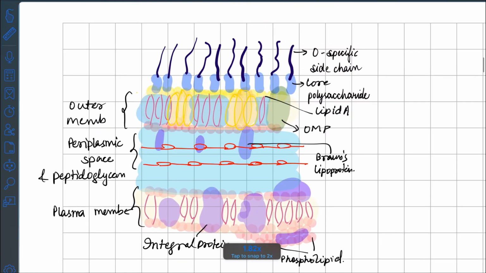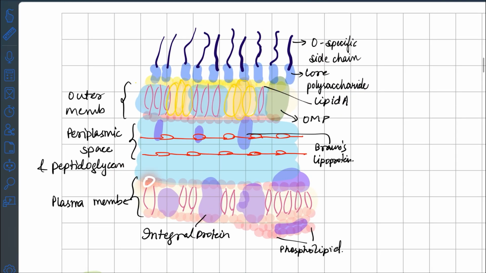Now let's look into the structure. Again, here is the plasma membrane with the phospholipid bilayer. Then these are integral proteins, which can be extrinsic or intrinsic, if you remember. Then above it is the periplasmic space and the peptidoglycan layer. As you can see, it is thinner than in gram-positive bacteria. Then there are some proteins here invaded in the peptidoglycan and the periplasmic space, known as Braun's lipoprotein. Above the peptidoglycan layer exists the outer membrane.